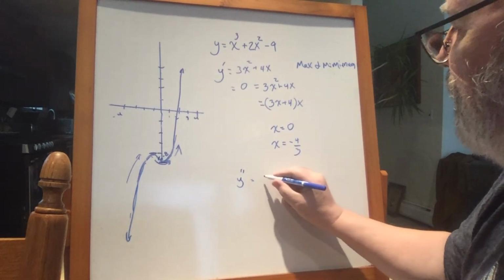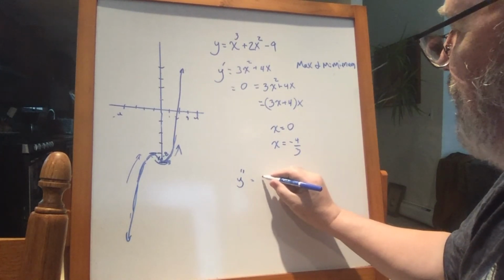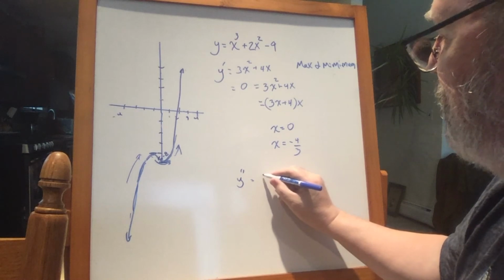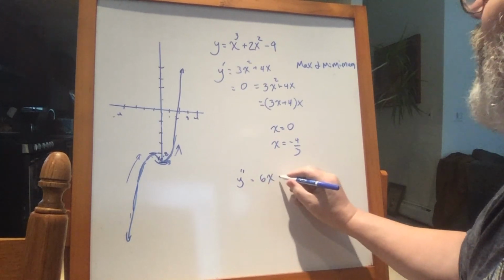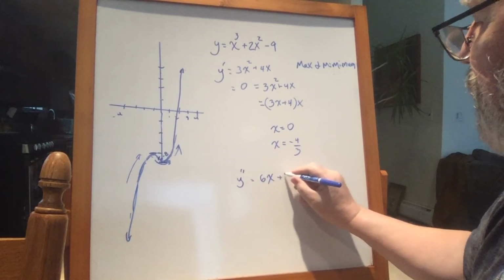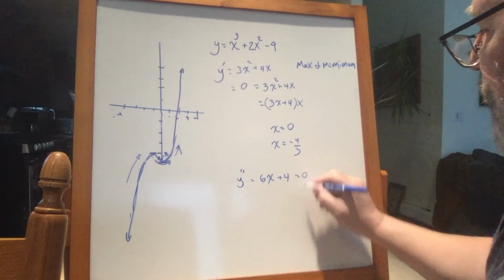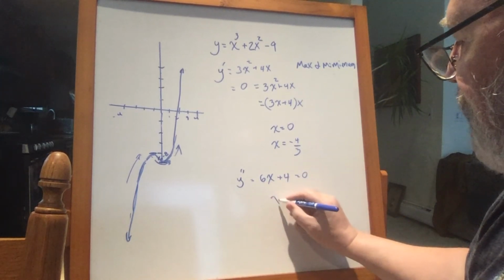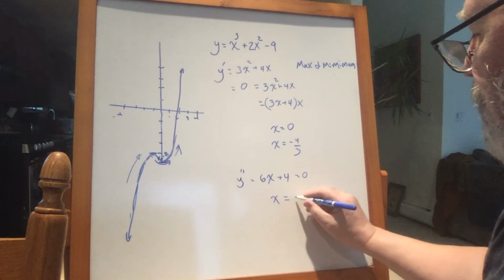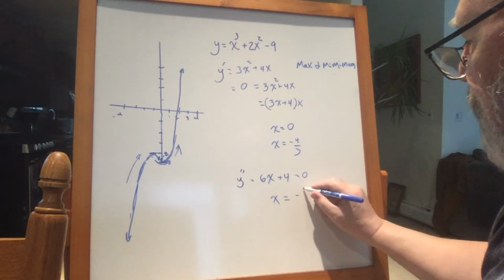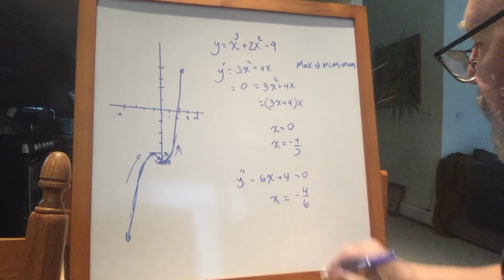So we have 3 times 2 is 6, x plus 4 equals 0. So we have an inflection point at x equals minus 4/6.